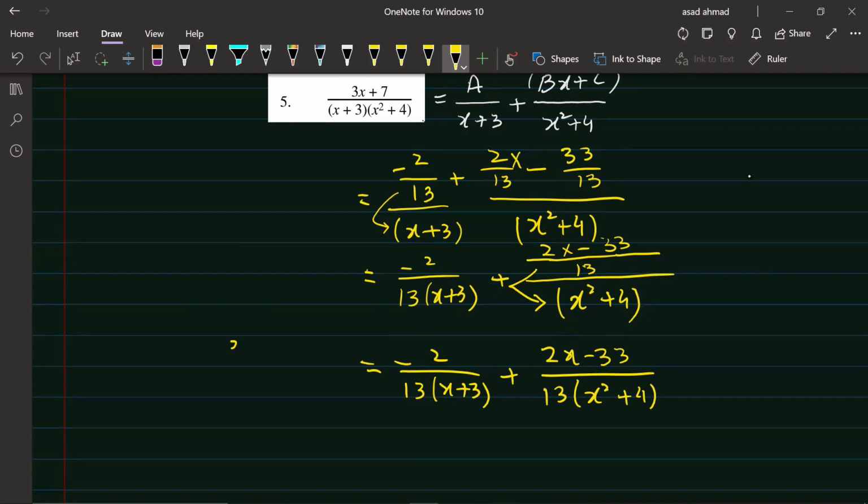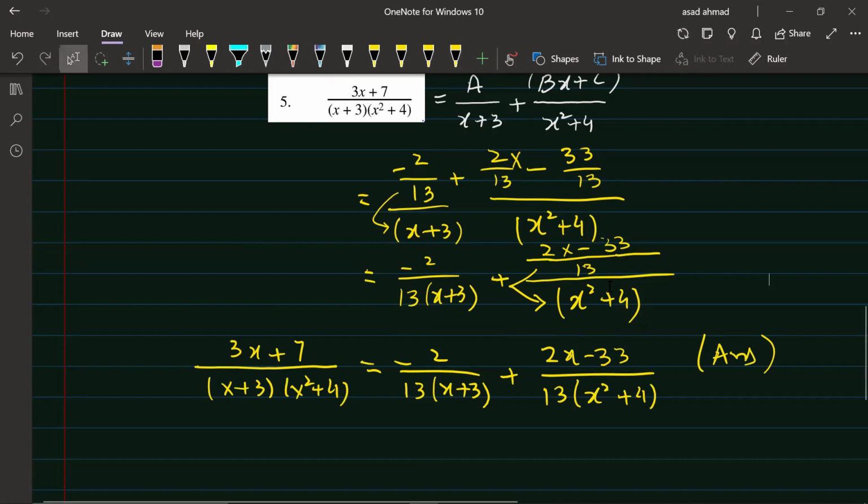And on the left hand side we have 3x plus 7, the original statement of the question. And this is how we will finally obtain our answer. These are lengthy questions, not short questions.